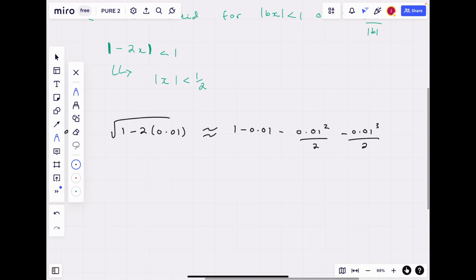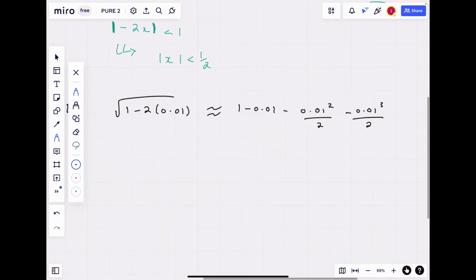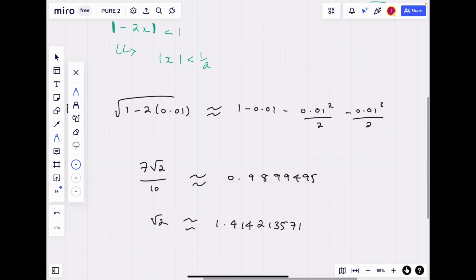After doing that, you should end up with 7 root 2 over 10 approximately 0.9899495. And then from here, you want to rearrange for root 2. And when you do that, you end up with 1.414213571. Okay.